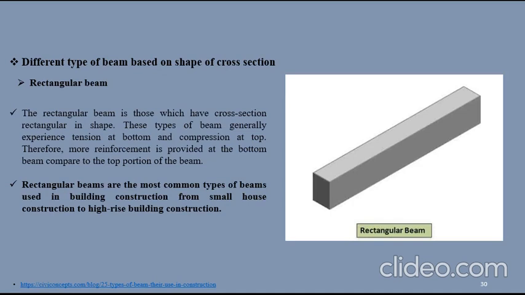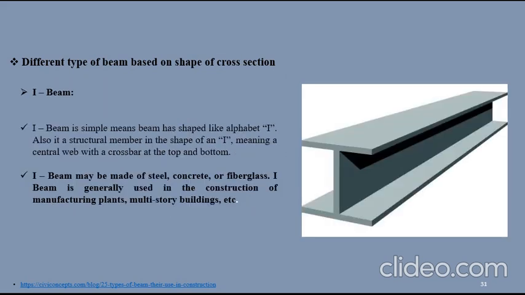Different types of beam based on shape of cross section. Rectangular beams are the most common type of beam used in building construction, from small house construction to high-rise building construction. An I-beam may be made of steel, concrete, or fiberglass.